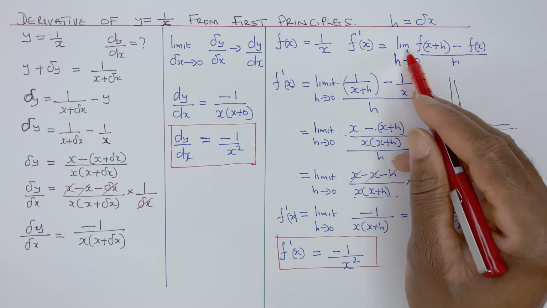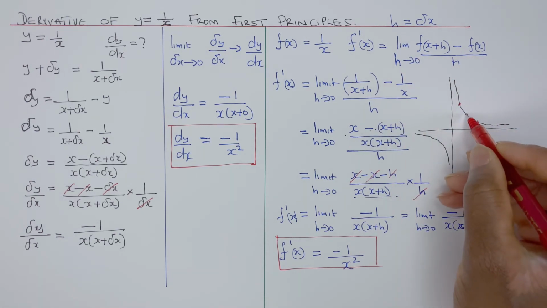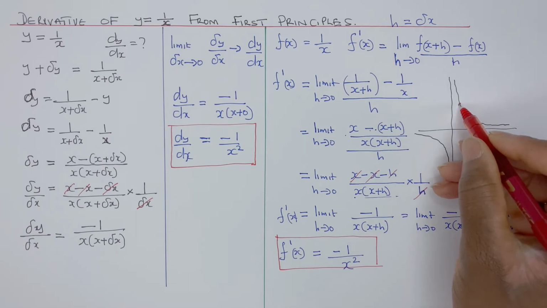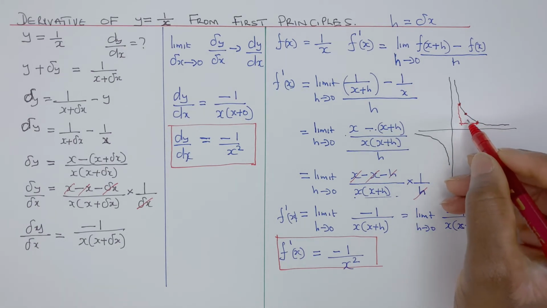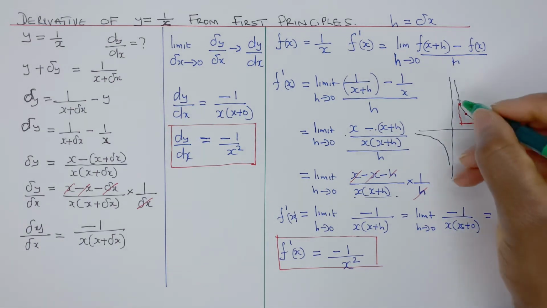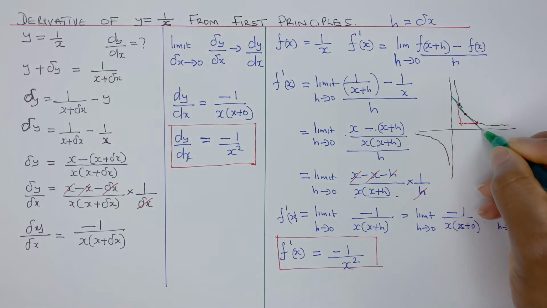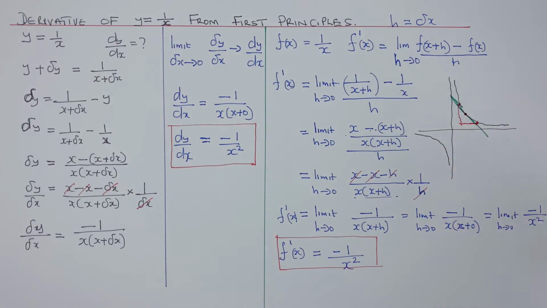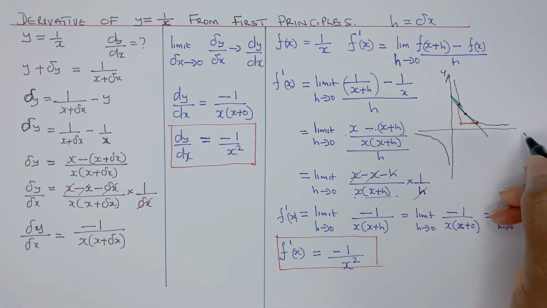That's why you have to use the limit, because you're not differentiating between these two. You're differentiating between a point here, but you have to make the difference between that and that so small that it will become that point. And then it will become like a tangent. So that's what's happening, and that's why you're using the limit.